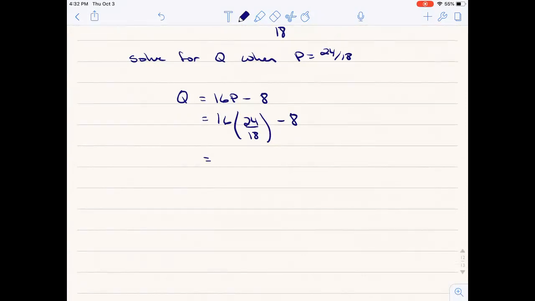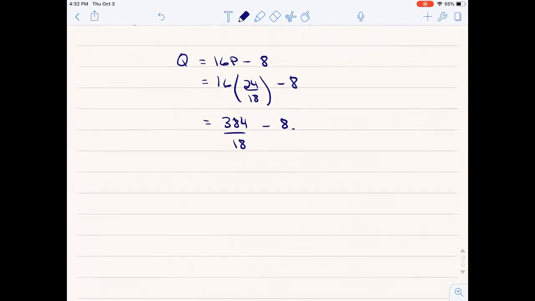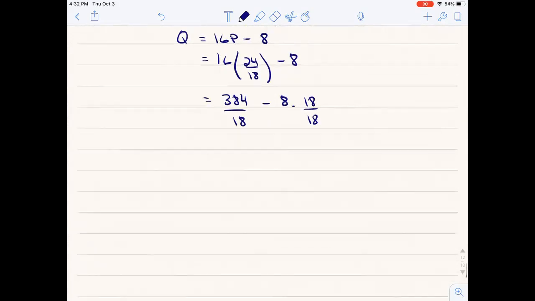16 times 24 is 384 over 18 minus 8, and I have to get that 8 over 18. And so what I do is I just multiply it by 18 over 18. So what I get here is 8 times 18.